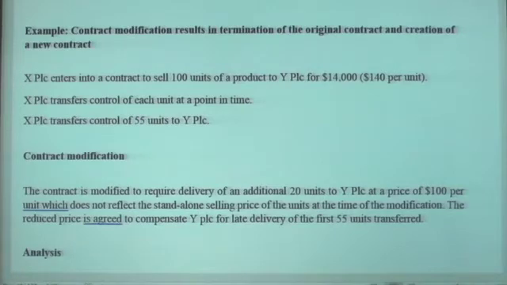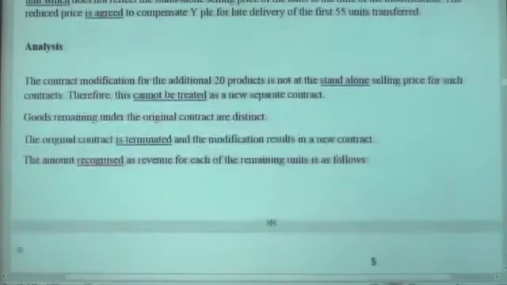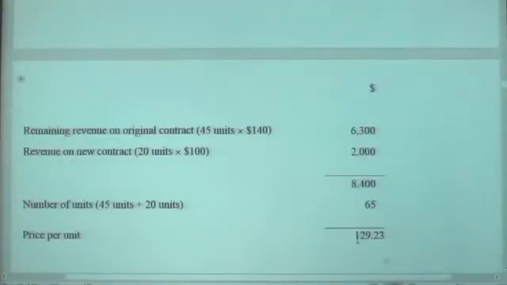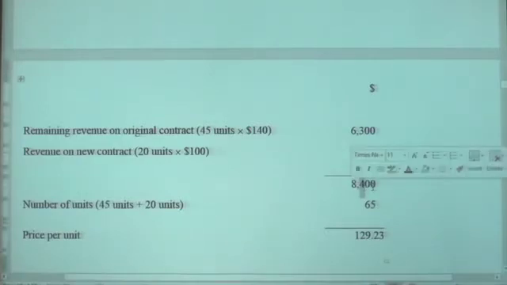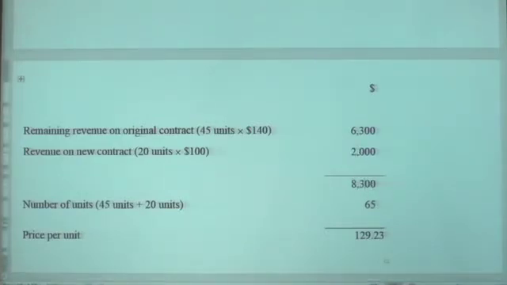With this modification, they have to supply 45 plus 20, altogether 65 units. But the price will change. The price for the 45 units is 140, and for the balance 20 units the price is 100. When taken as the same contract, we have to calculate the average price like this. Here 6,300, and here 20 times 100, 2,000, therefore the total should be corrected as 8,300, right?